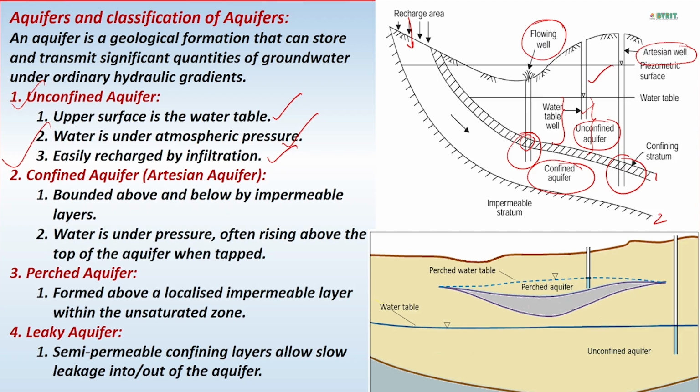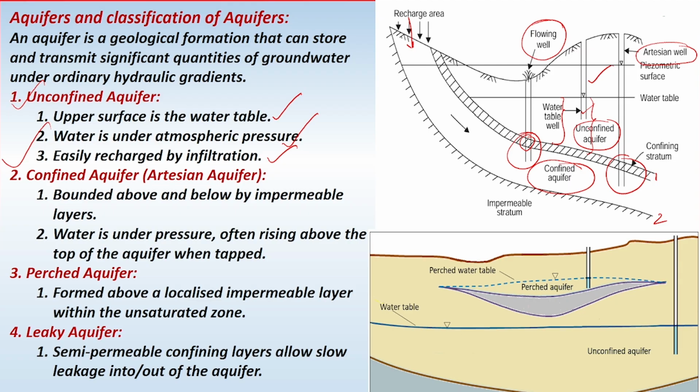So one is a flowing artesian well, the other a general ordinary artesian well. But the water is confined between two impervious zones, so from there you are pumping it. In the unconfined aquifer, recharging is very simple because it is at the same place, whereas in the confined aquifer the recharge occurs from somewhere very far.